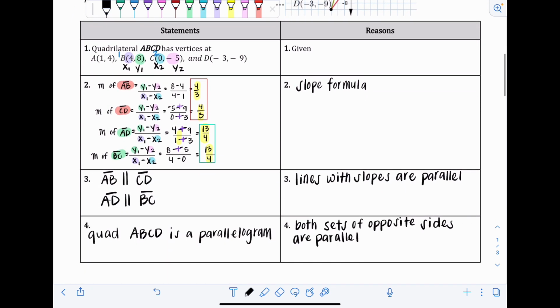And we were able to say that they're parallel because they have the same slopes, and that's just the definition of parallel. And once we were able to say that two pairs of opposite sides were parallel, that's enough to say that the quadrilateral is a parallelogram because both sets of opposite sides are parallel.